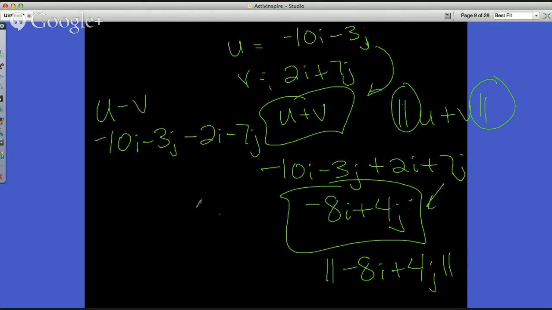Now, if you remember, if I were to graph this, where would this be graphed? To the left. Left 8 and up. Isn't that right?